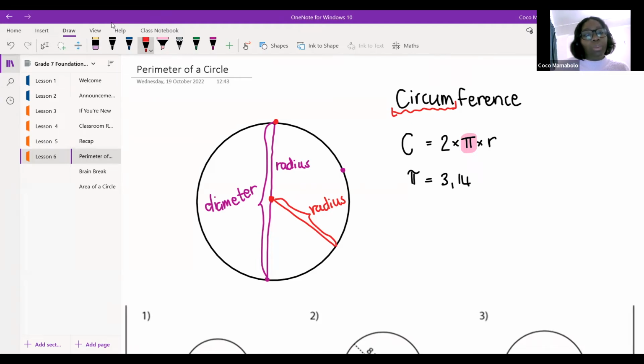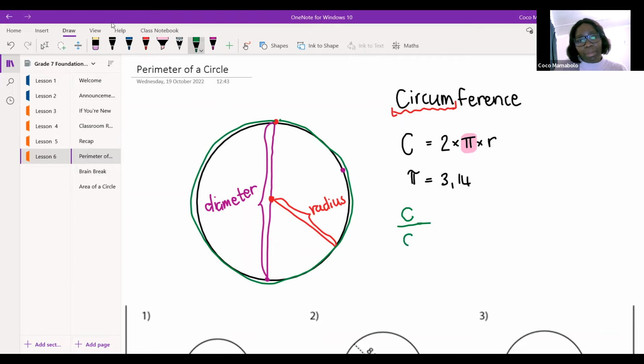Awesome. Now, let me actually delete this radius. I think the other one is a little better. All right. So if I had to calculate all the way around my circle, and I find whatever my circumference is. My circumference is equal to something, and I divide that by my diameter.